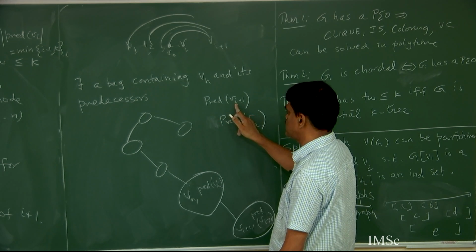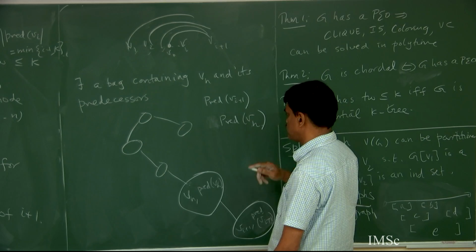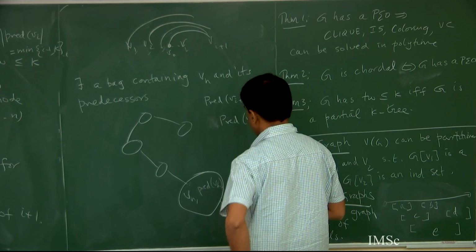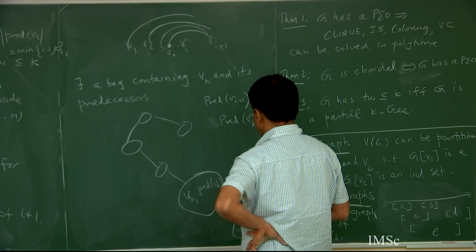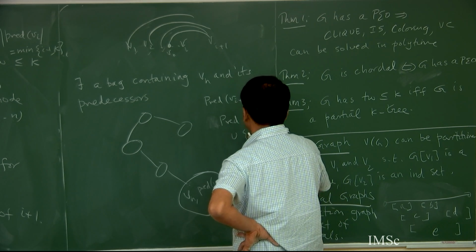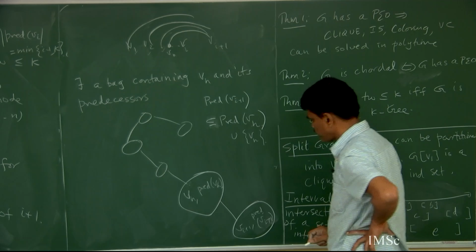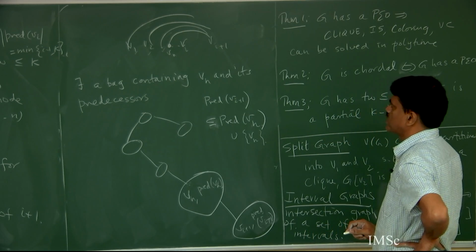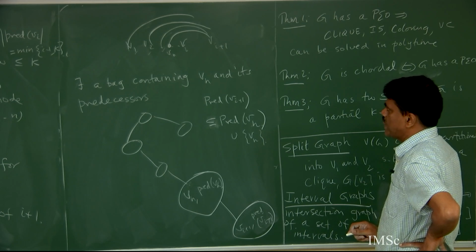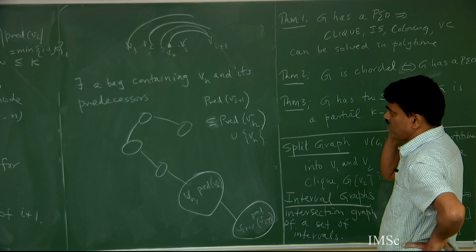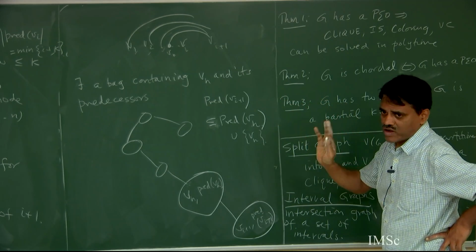Yes, you should of course include Vh. Why? Because actually there will be a difference of exactly 1 because of this k.